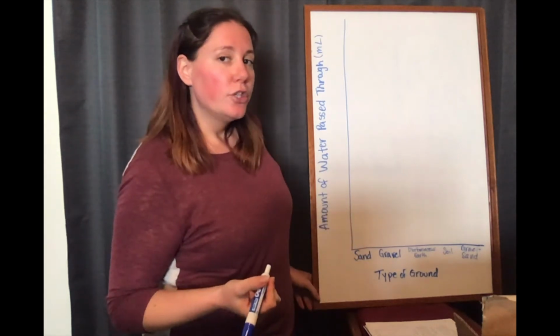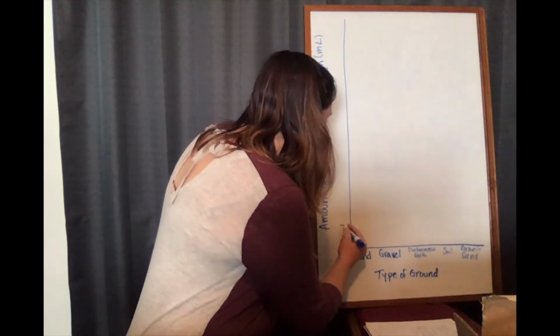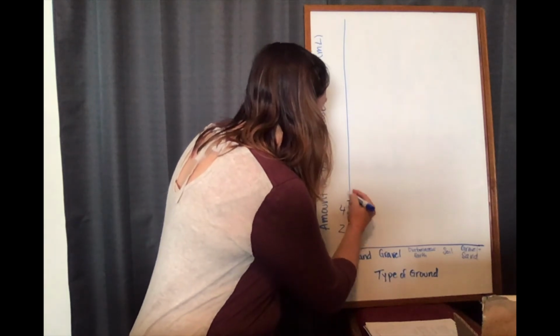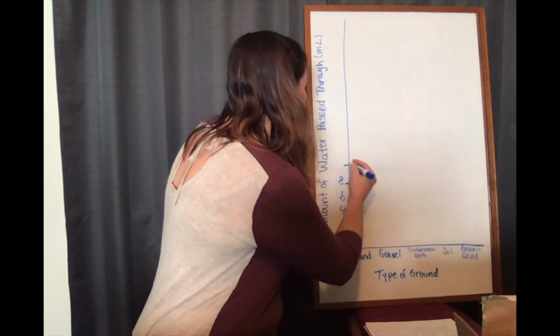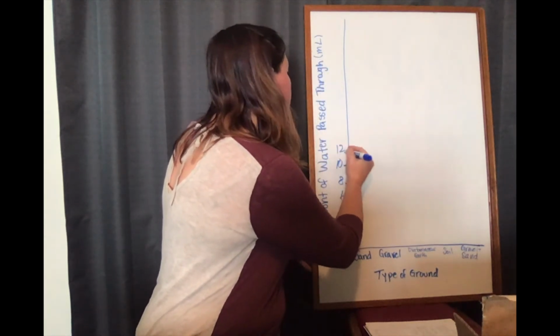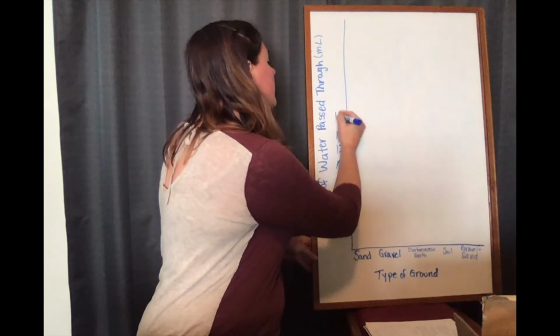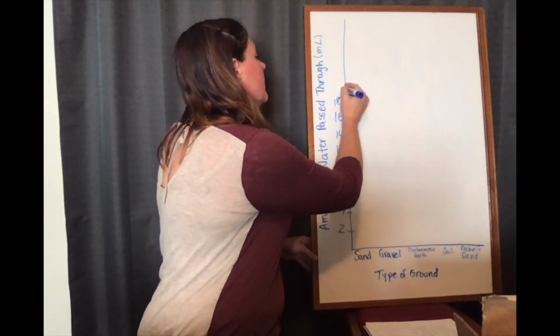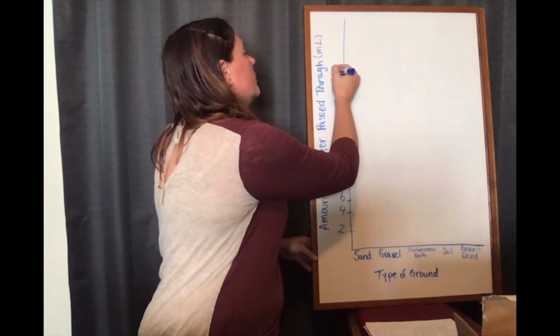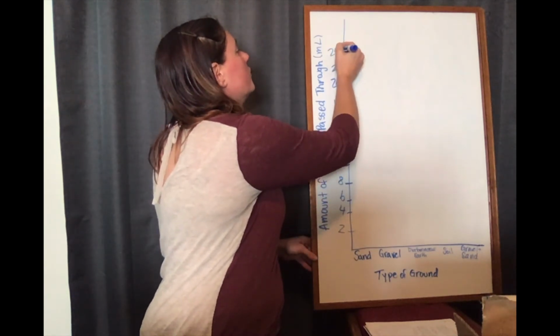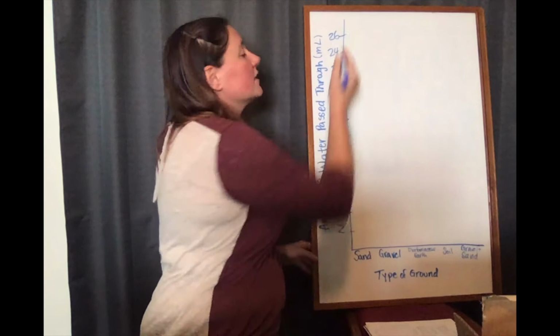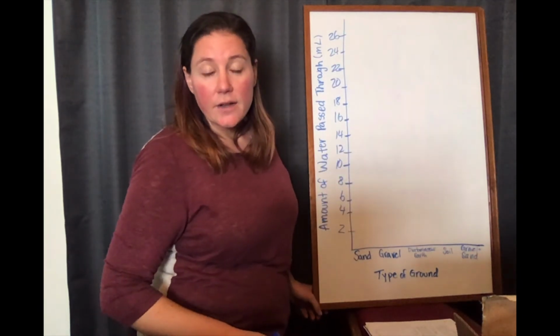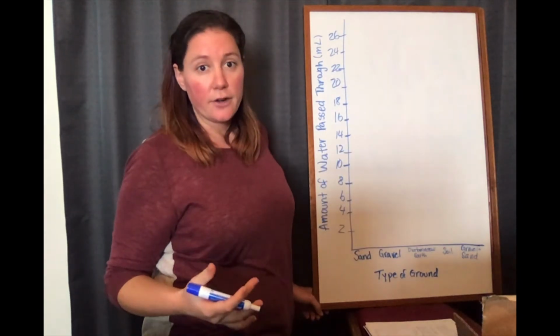So I'm gonna label every 2 milliliters. 2, 4, 6, 8, 10, 12, 14, 16, 18, 20, 22, 24, 26. And that should be perfect because the most I had from any material was 25 milliliters.